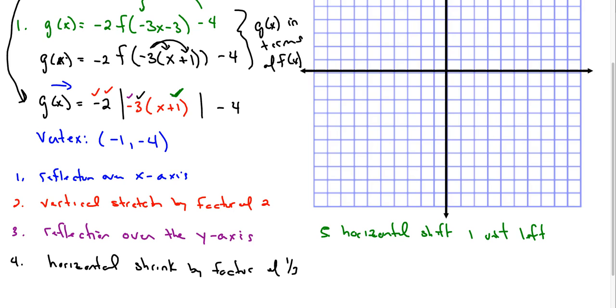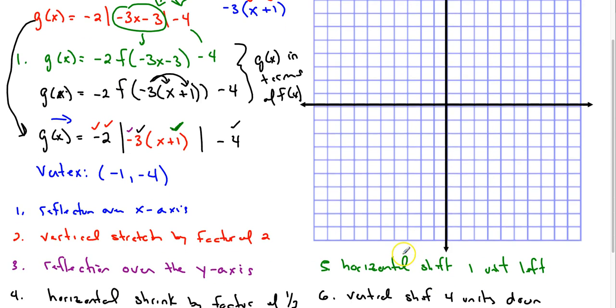And last but not least, let's take care of this -4 in the back. What does that -4 do? Vertical shift 4 units down. So 6 transformations, 6 different transformations in this one graph. How beautiful.